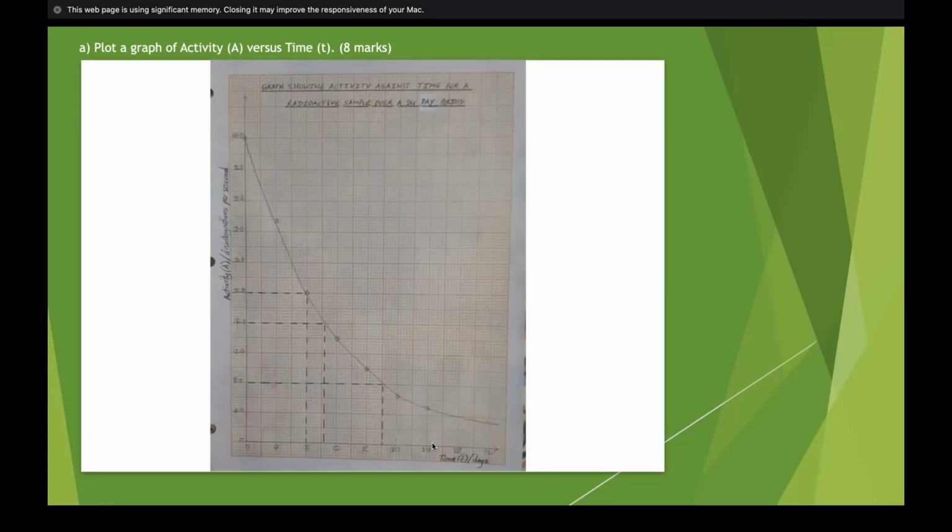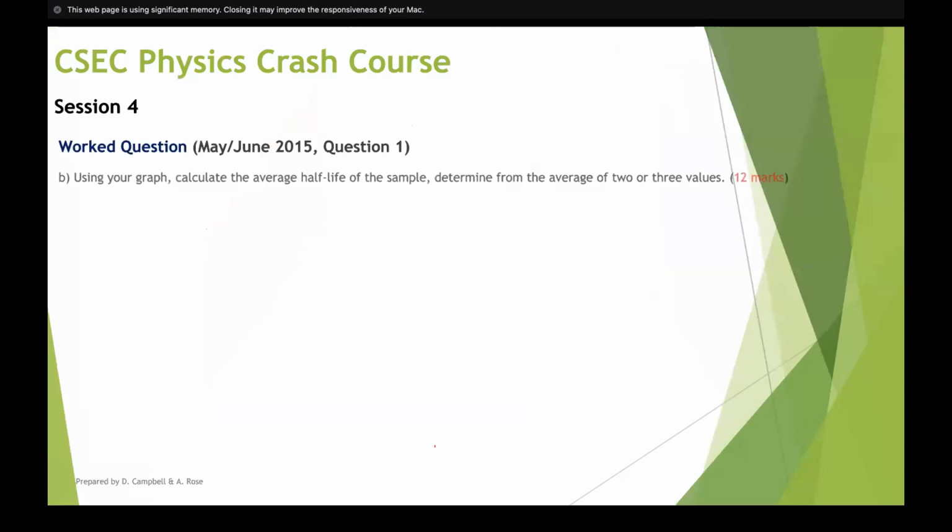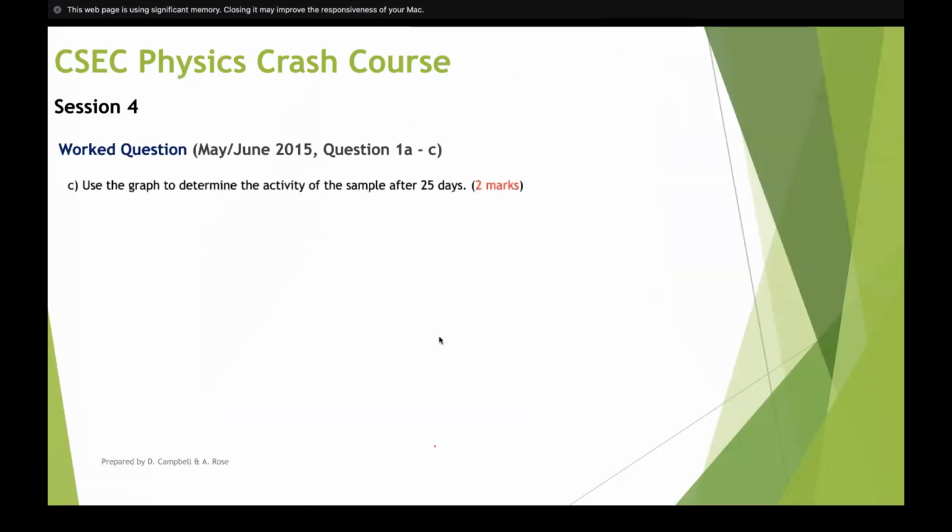So you'd read off the corresponding y value, and that would give you the activity after 25 days. So from the graph, it's 4.6 disintegrations per second. You show your read-off value on the graph and you write the answer on the paper, and that's your 2 marks.